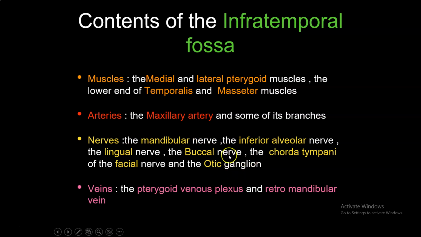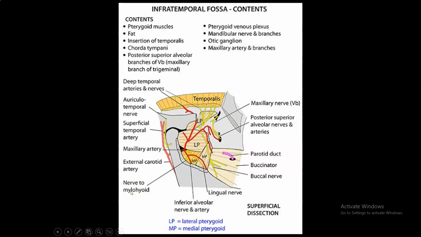The otic ganglion is parasympathetic for the parotid, receiving from the lesser superficial petrosal nerve and innervating the parotid gland. And the veins, as we said, the pterygoid venous plexus, a very important plexus, and the retromandibular veins.